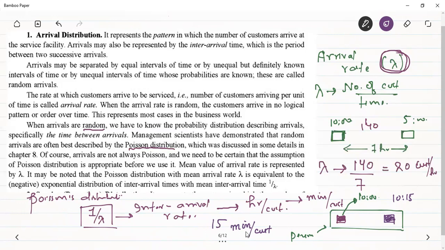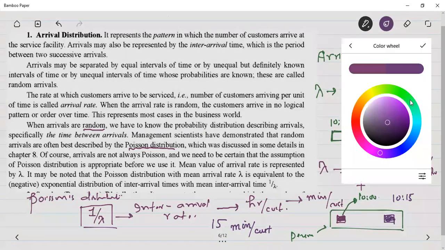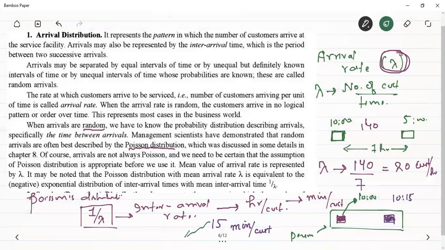Then 15 मिनट्स पर कस्टमर, 15 मिनट लग रहे हैं एक नए कस्टमर को आने में। ओके, 15-15 मिनट के बाद एक नया कस्टमर आ रहा है। Then you can see that 15 minutes per customer, minute per customer means it is not the arrival rate, it is the inter arrival rate. So this 15 minutes per customer is not the arrival rate, it is the inter arrival rate, which is represented by 1 by lambda.